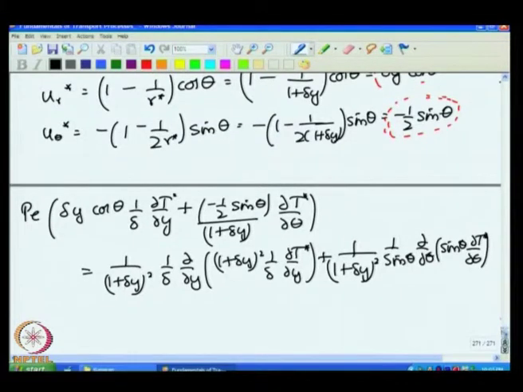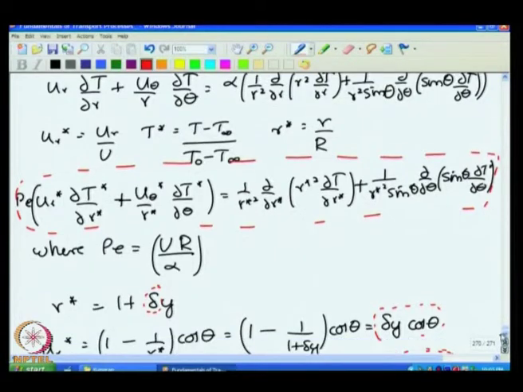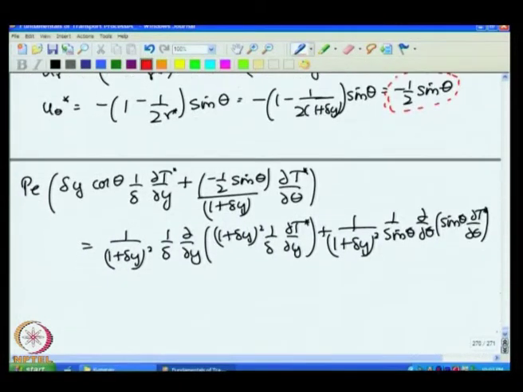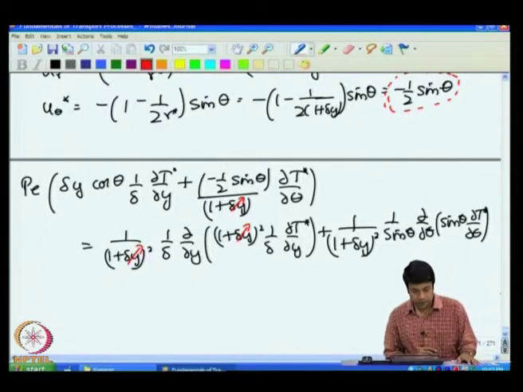So, this is just the convection diffusion equation that I had earlier, that is this particular equation, in which I have substituted r is equal to 1 plus delta y and taken the approximate expressions for u r and u theta. And of course, in this case I can neglect delta y in comparison to 1, because delta is a small parameter.